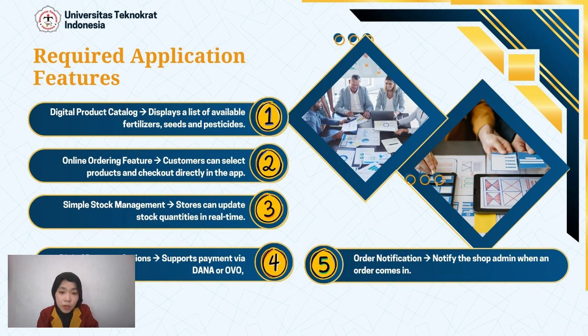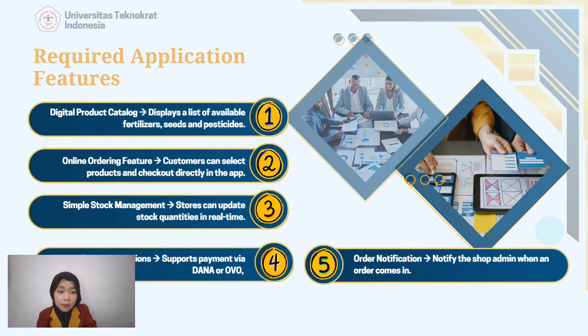Point three is simple stock management. Stores can update stock quantities in real time. Point four is digital payment options, supporting payment via Dana or OVO. And point five is order notification, to notify the shop admin when an order comes in.